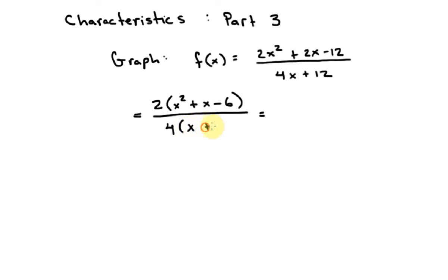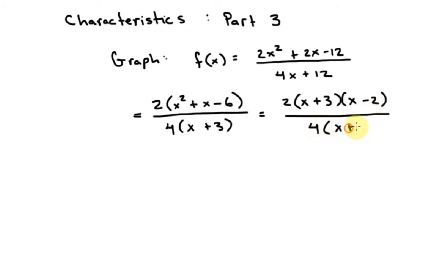So we can do that. All right, let's see what we get on the top. So that's 2, and then we're going to have x plus 3 and x minus 2. Just double check. Yep, that looks pretty good. And on the bottom, nothing we can do. We'll just leave it as is.